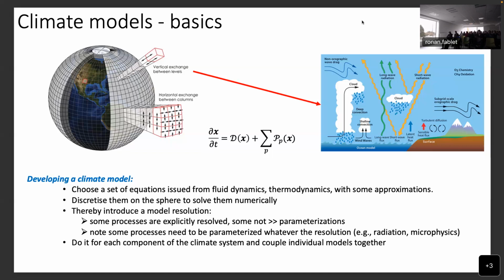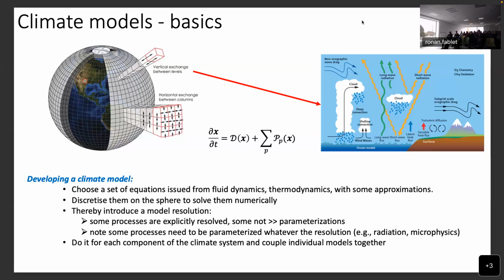Some processes still need to be parameterized, whatever the resolution used, like radiation or the microphysics within the clouds. Here is an example of the relevant processes for the atmosphere: convection, clouds, interaction with radiation, etc.